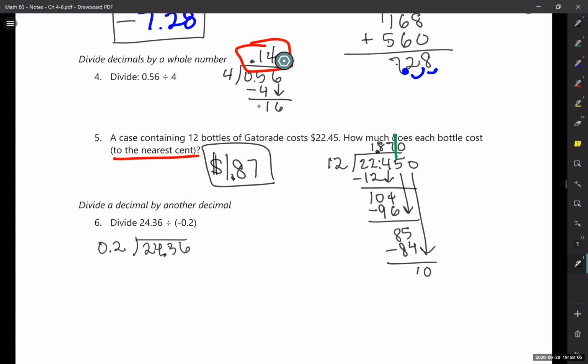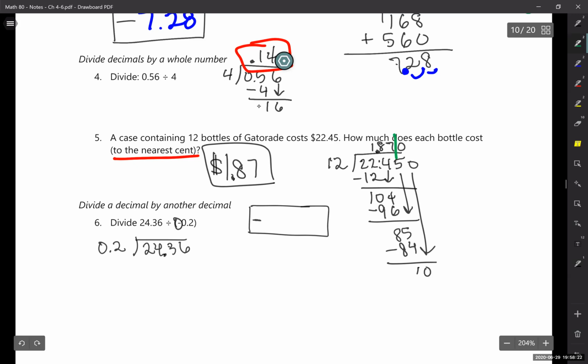And I will just put my answer right here. And I'm doing this to remember that that negative goes here, because the negative has no business in a long division problem. More stuff just makes it more cluttered. So I'm just going to put that straight in the answer.